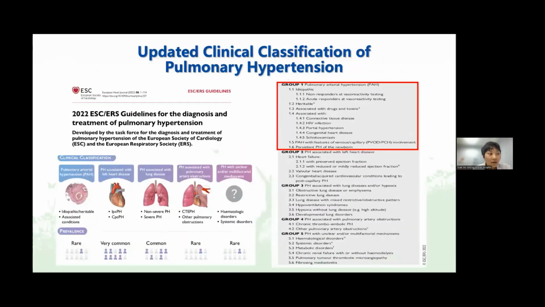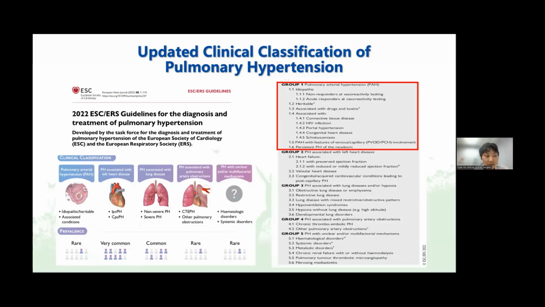The general purpose of the clinical classification of PH is to characterize clinical conditions associated with PH based on similar pathological mechanisms, clinical presentation, hemodynamics, and therapeutic management.